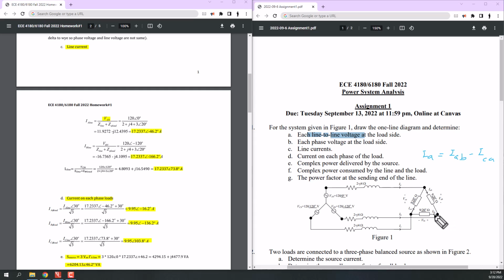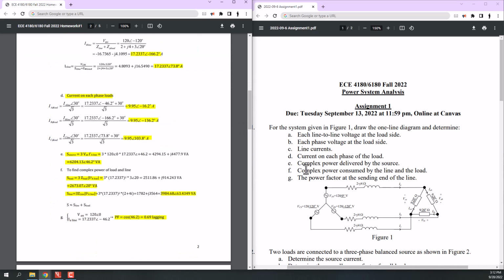The same thing for the phase B and phase C. You can write, for example, IB here is IBC minus IAB, and the same thing for IC. You can calculate the currents from this, or easily use this formula to obtain these values. Since we have a balanced system, it is much easier to use this formula both for calculating the currents and the voltage.